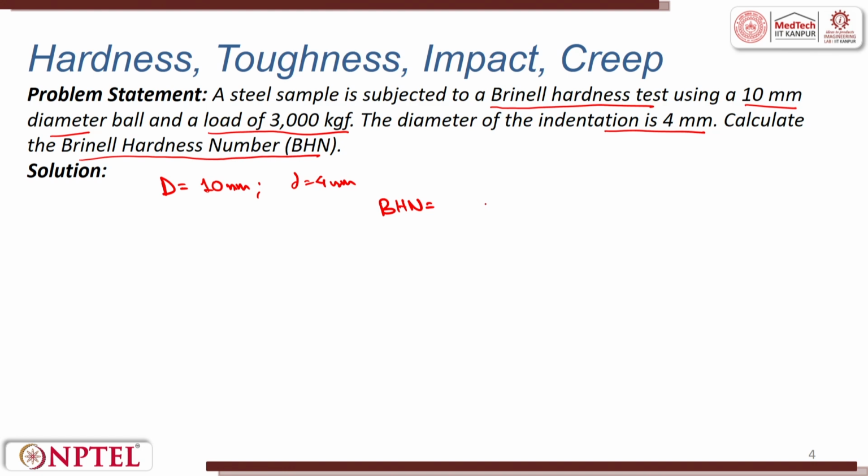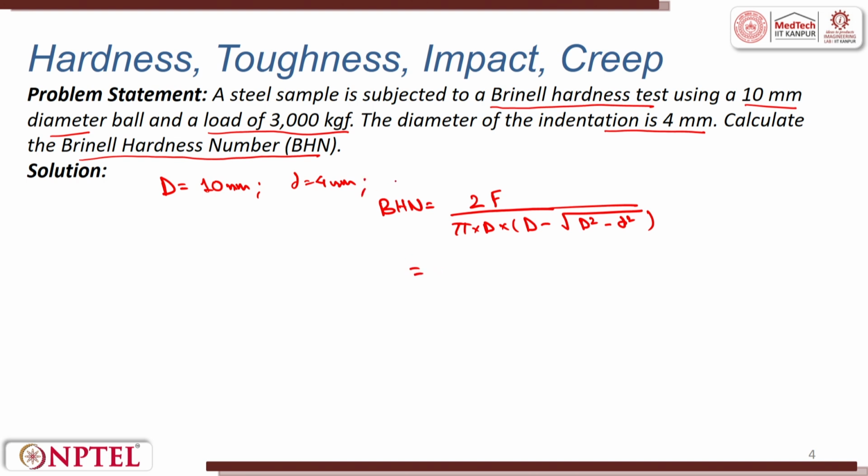BHN is equal to 2F by pi D into D minus under root of D square minus small d square. So, let us put all the values here.